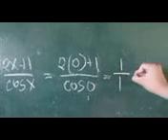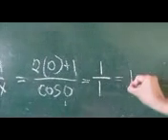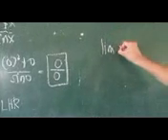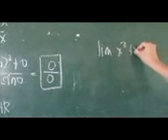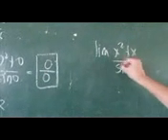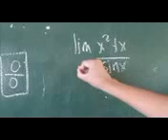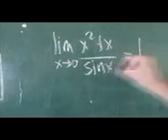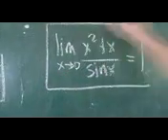Now 1 over 1 is equal to 1. So the limit of x squared plus x all over sine x, where x approaches 0, is equal to 1. That is example number 1.